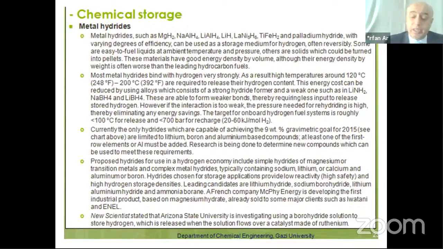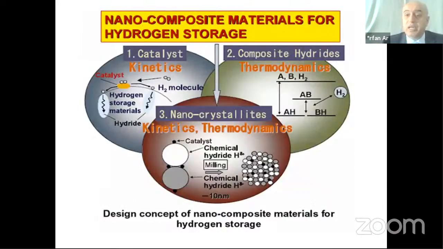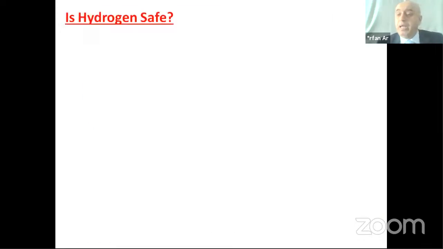And also, it may be a chance for Turkey because you know that we have very huge boron reservoirs. Therefore, the boron hydrides are promising technologies for the storage of hydrogen. You can see here some other new technologies for the storage of hydrogen.